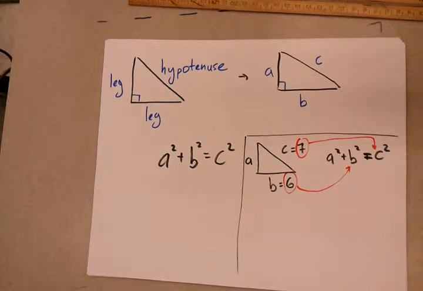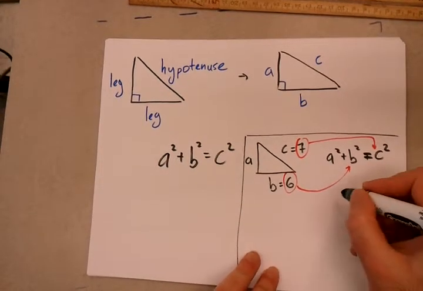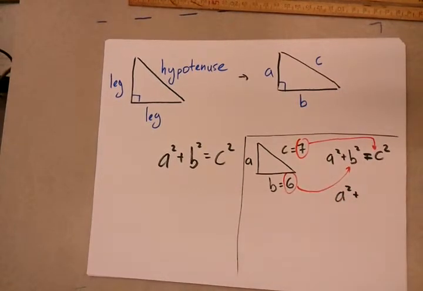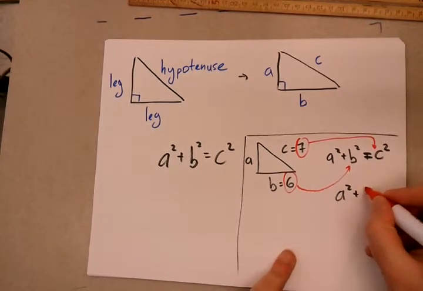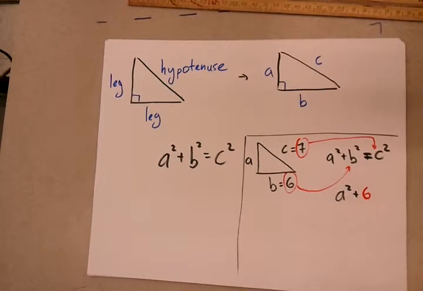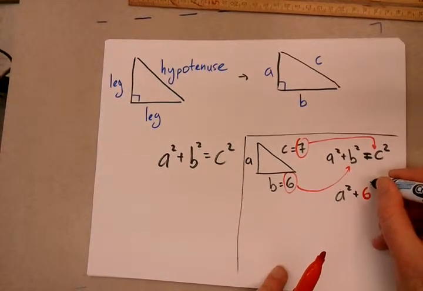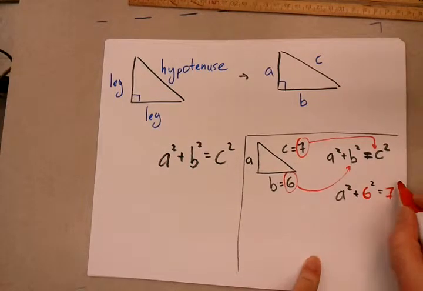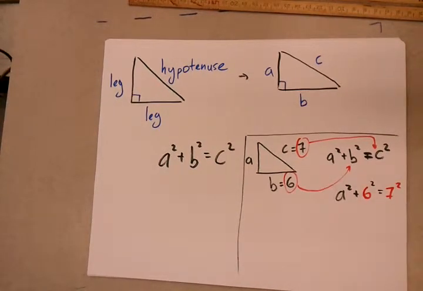Once we do this, we end up with A squared plus 6 squared equals 7 squared. Okay, so far? All I did is I substituted what I knew. Then I want to crunch my numbers out.